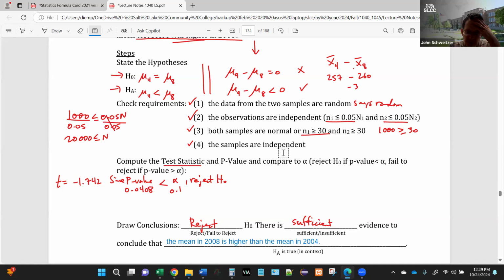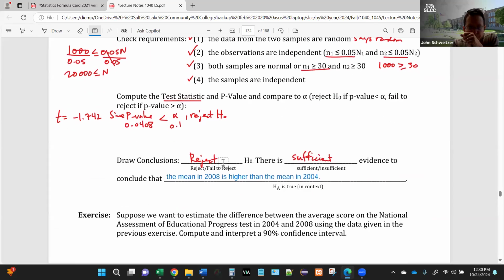But before we do that, let me just see if you guys have any questions here about what we've done. Anything you want to ask me here? Great. Well, let's do the confidence interval then.